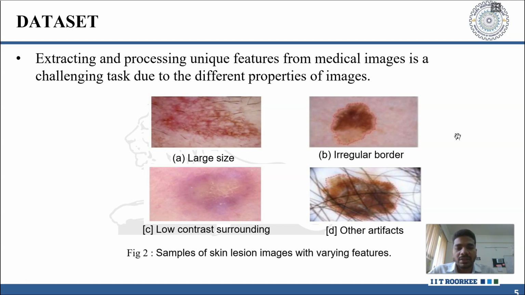As shown in this slide, figure A has a large lesion, figure B shows an irregular border of a lesion, and in figure C there is a low-contrast surrounding: the lesion contrast is almost similar to the background. It is very difficult to detect and process the features of this type of image. For other artifacts, in figure D there is hair, so we have to apply pre-processing techniques to remove this hair and other artifacts.